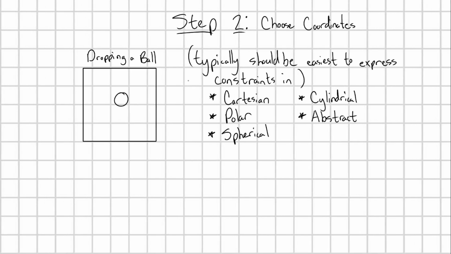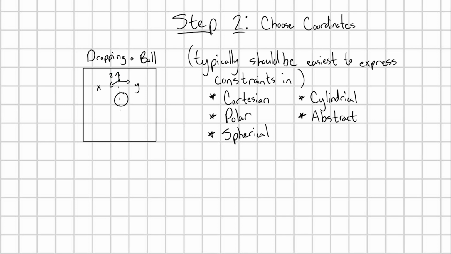Okay, so for this dropping a ball problem, you have to put an origin in your coordinate system down somewhere. But of course, we should use Cartesian coordinates here. Because if I use Cartesian coordinates, call this x, y, and z, then it's very easy to express my constraints.